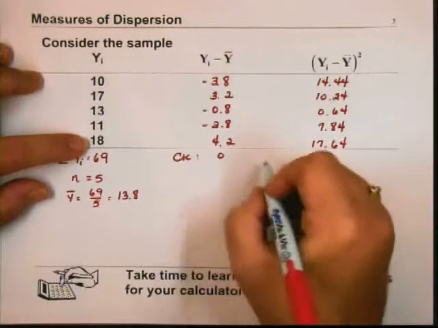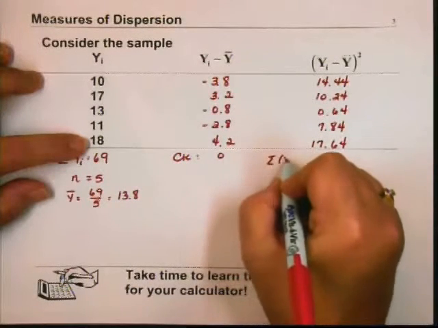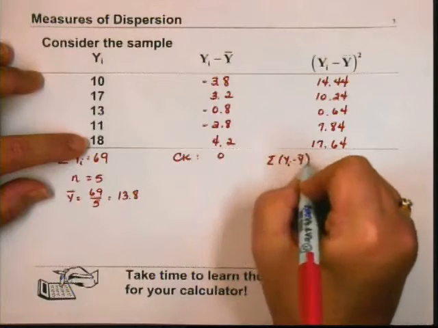So if we add these guys up, what we're computing is the sum of the yi minus y bar squared.